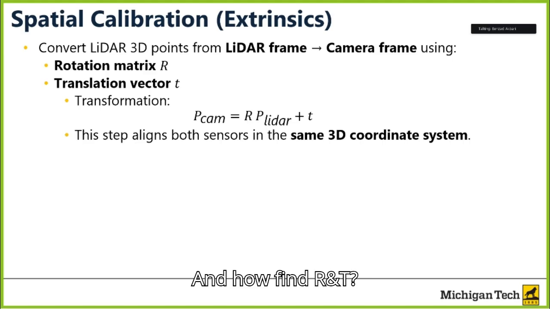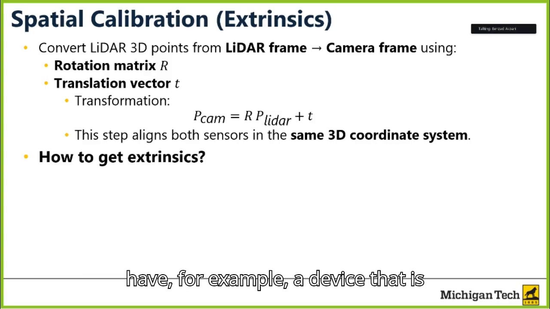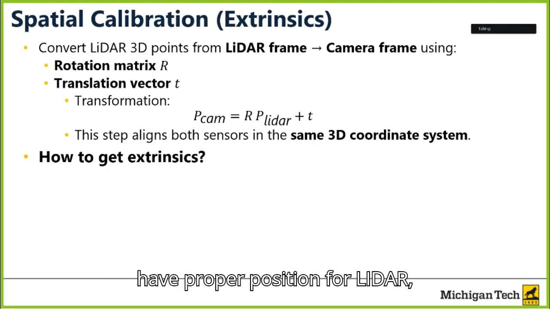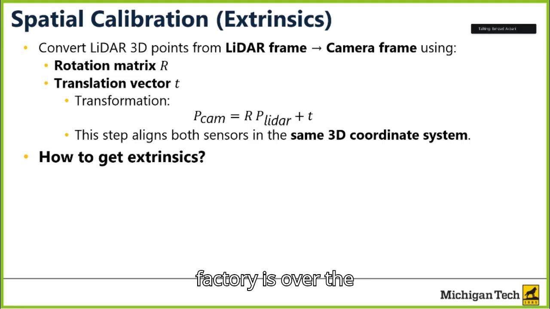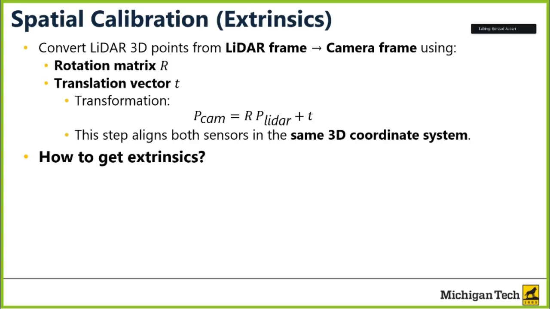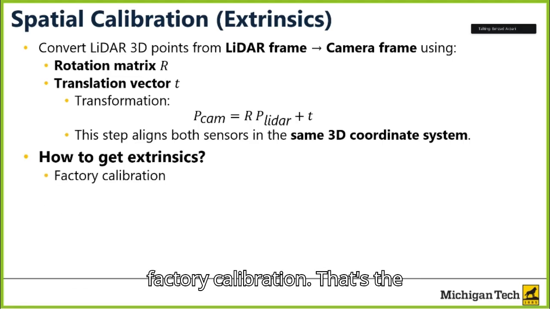And how do we find R and T? R and T are not always available. Sometimes they are, for example when you have a device that is already assembled together, with a proper position for LiDAR and a proper position for camera. The factory that assembled these parts gives you information like factory calibration.